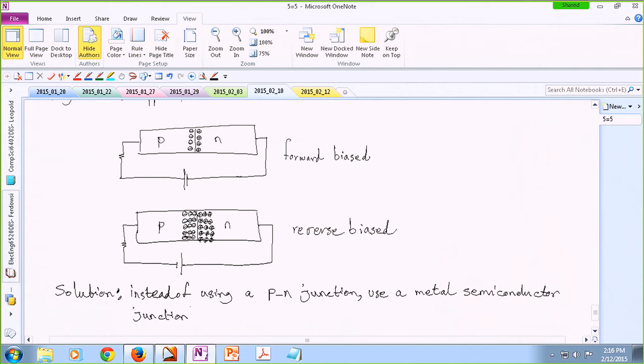And again, we don't want to get into the physics of these devices, but as it turns out, if you have a junction where one part is metal and the other one is a semiconductor, these minority carriers are actually less effective. And those kinds of diodes are called Schottky diodes. Or they're also called fast recovery diodes.